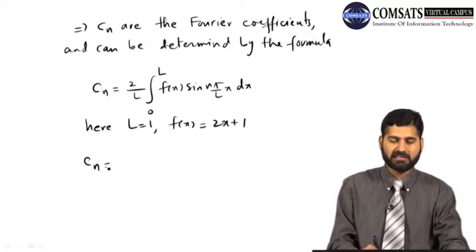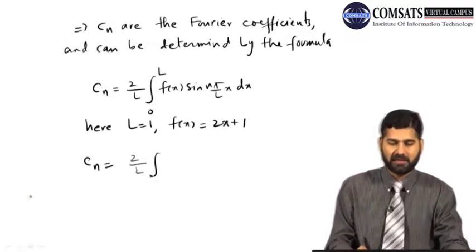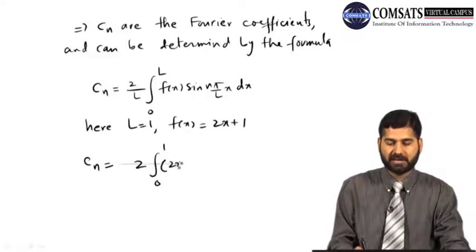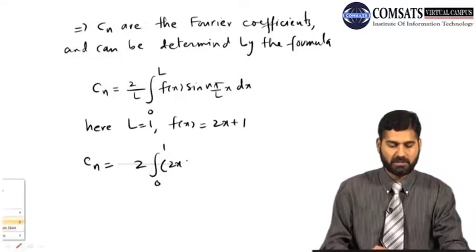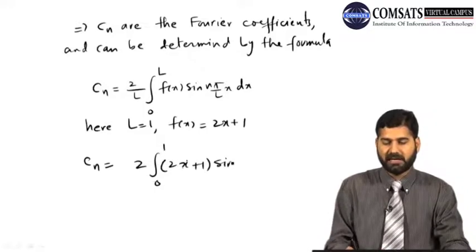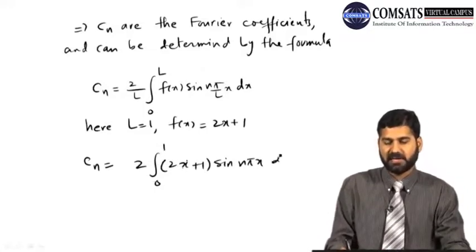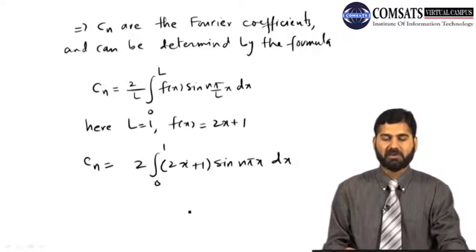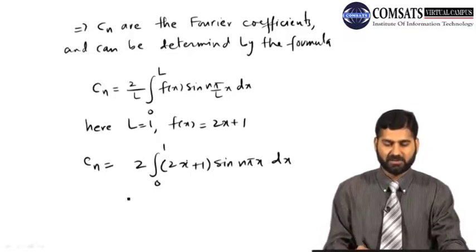So our Cn is nothing but 2 by L, so 2 by 1, integral 0 to 1, f(x) is 2x plus 1, times sine n pi x, because L is 1, dx. So if you integrate, you will be able to find Cn, and that will be your solution.